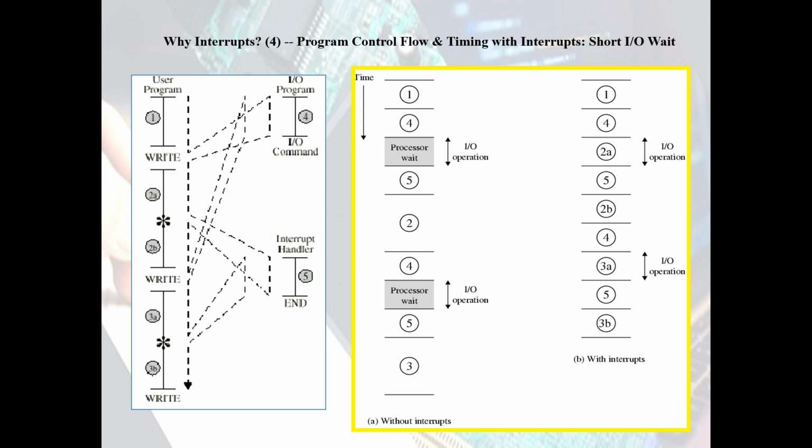The program's control flow and timing are affected by these interrupts, causing short pauses, short input-output waits, to efficiently manage input and output operations. This interruption mechanism allows the program to respond promptly to external events without the need for the CPU to continuously wait during lengthy input and output operations.